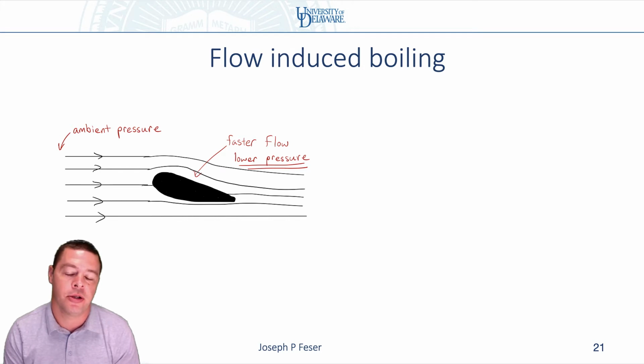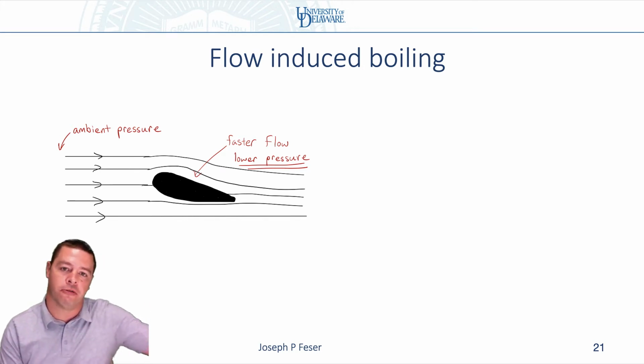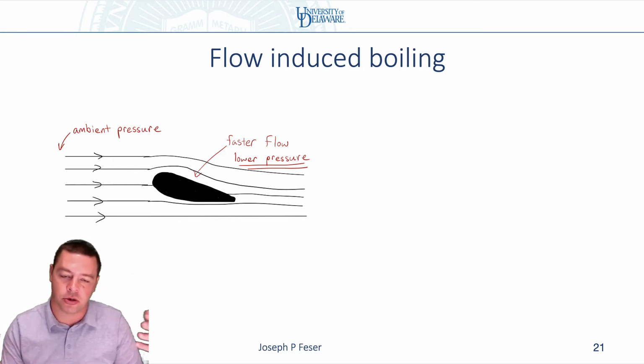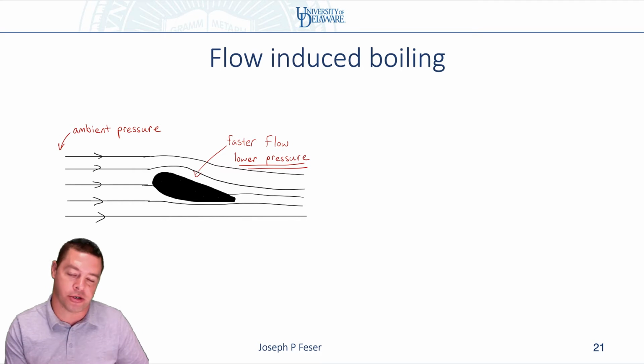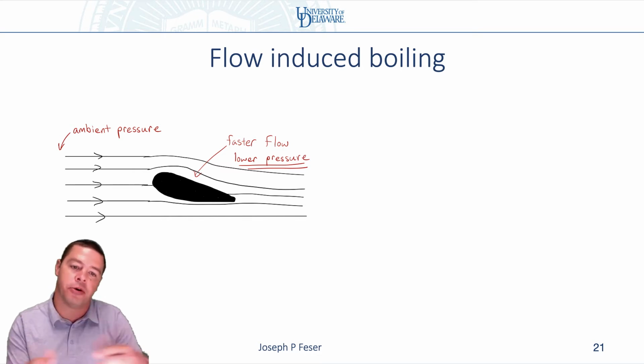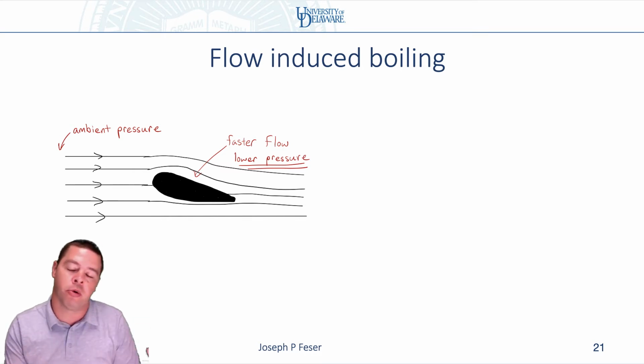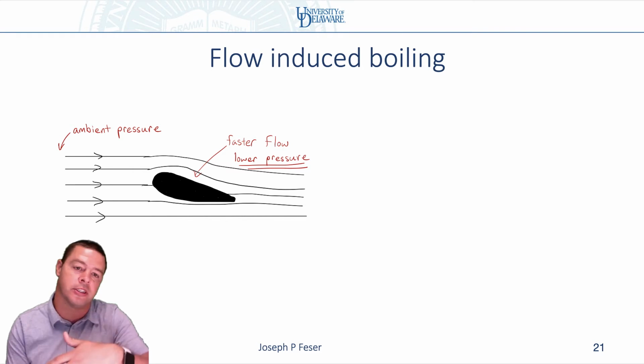At the far field where flow enters and starts to impinge on the fin, it's at ambient pressure at a given temperature. Then as the flow interacts with the fin, certain portions of the fluid will speed up. Maybe some portions will slow down too, but there'll be these portions that speed up.